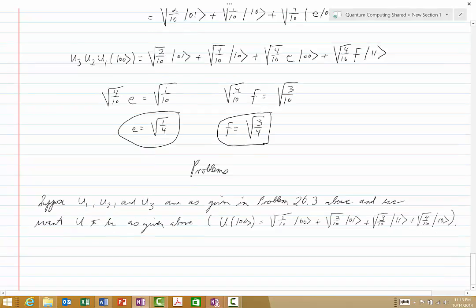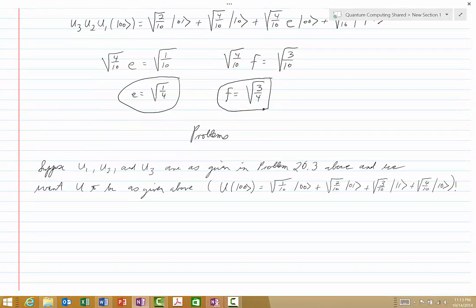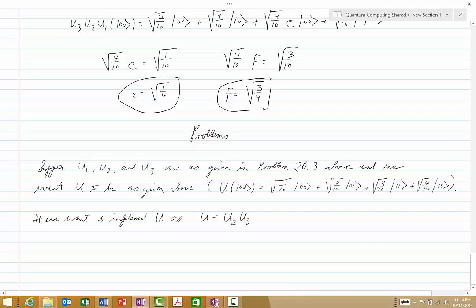Okay? So now the question is this: if we want to implement U as U equals U1, U3, U2.